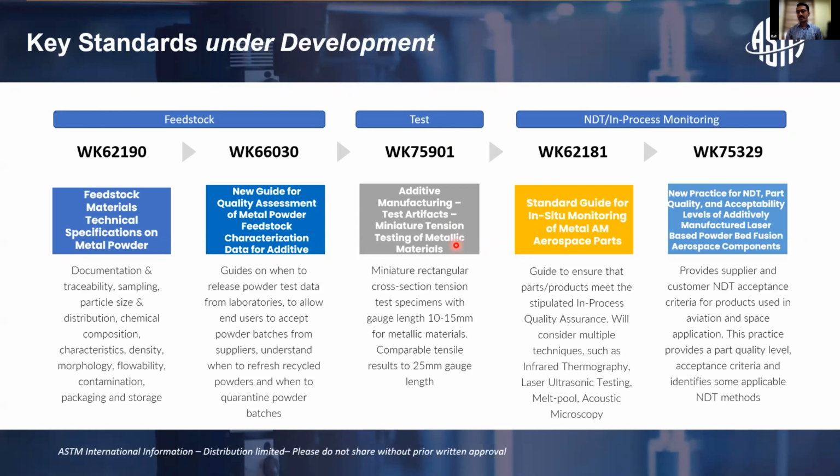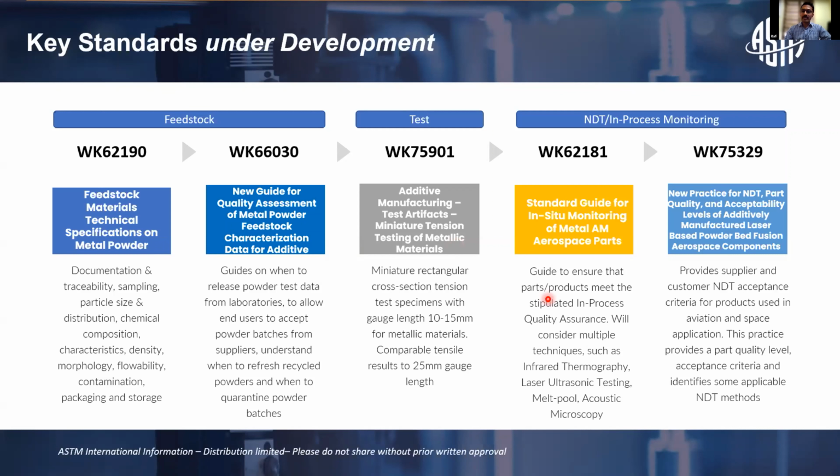But for additive manufacturing, creating those big test specimens will add more cost and more time. So we need to bring down that time and cost. This particular standard looks at creating miniature tensile specimens or coupons that can be used for performing qualification tests. That particular standard is currently under development.